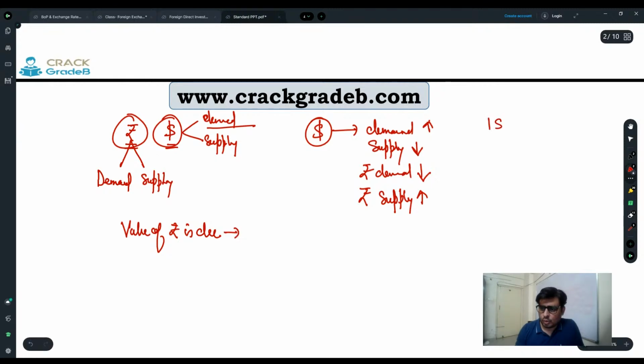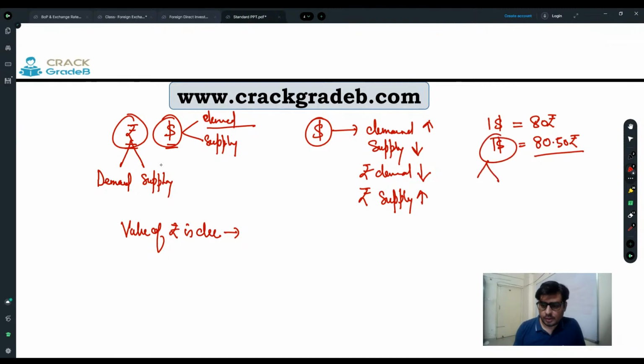For example, $1 is equal to 80 rupees, and somebody is saying that the rupee's value has decreased. So it is now 80.50 rupees. Earlier the dollar was 80 rupees, now it is 80.50.